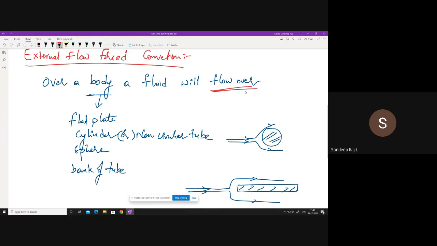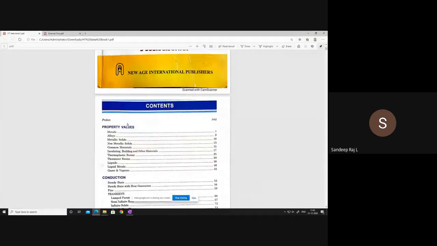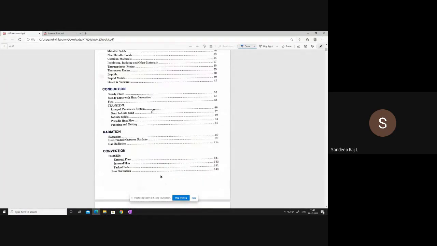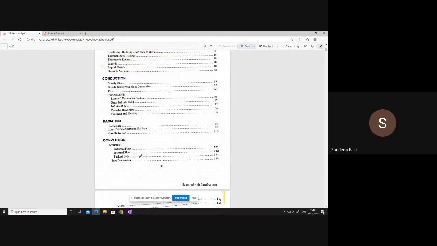So if you refer to your data book, move to the index, the contents page. Then in this, you move to convection. In convection, you look at two types of convection. One is forced, the other one is free convection.